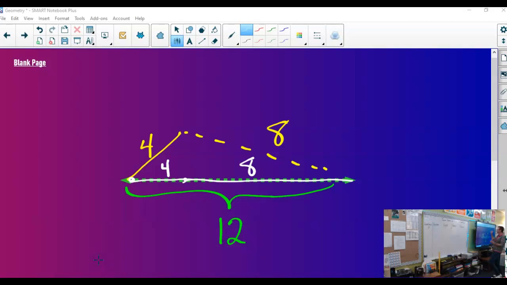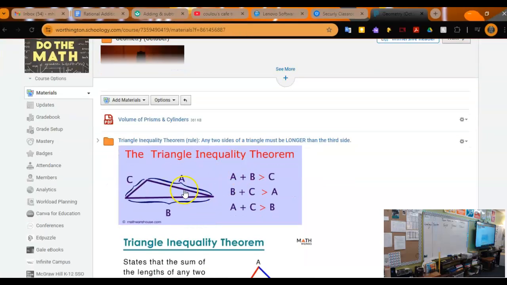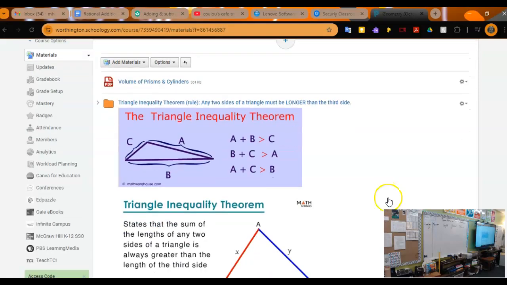Whatever tab you have open, it's not on this screen. This is a problem with 2 screens. The triangle inequality theorem tells us any 2 sides of a triangle have to be greater, not equal, because equal disappears into a straight line.